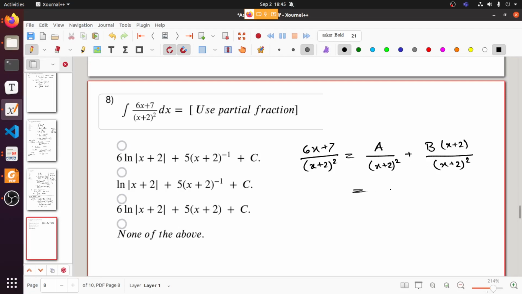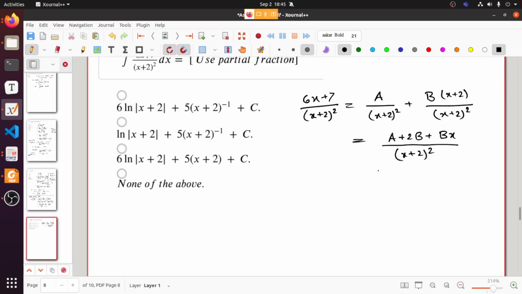So what is the right hand side? It becomes (a plus 2b plus bx) by (x plus 2) whole square, right? So now if you compare, bx and here 6x, so you get b equals 6. Comparing the constants, we get a plus 2b is 7, right? So if you put b equals 6, a equals 7 minus 12, which is minus 5, right?